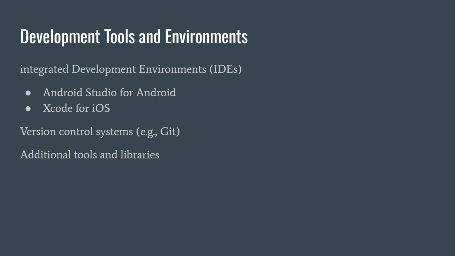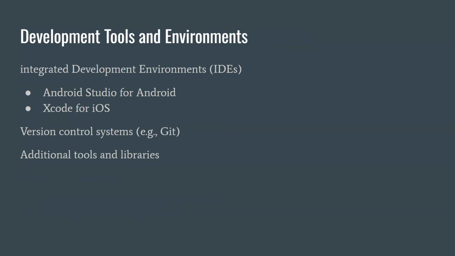Development tools and environment. To develop an app, you will need an integrated development environment, or IDE for short. For Android, developers would use Android Studio, which is provided by Google, and for iOS, you will need to use Xcode.